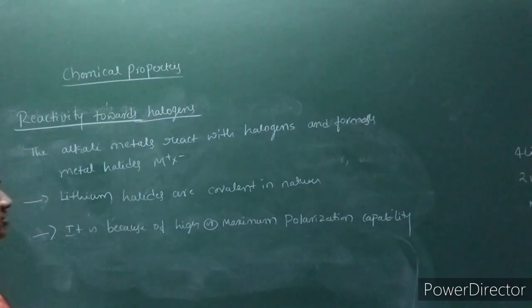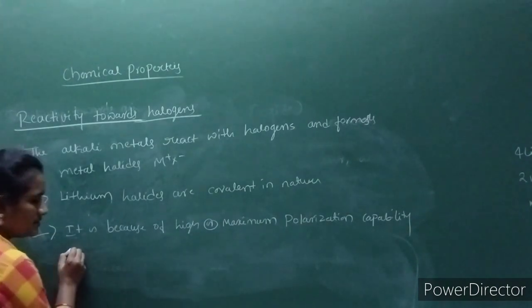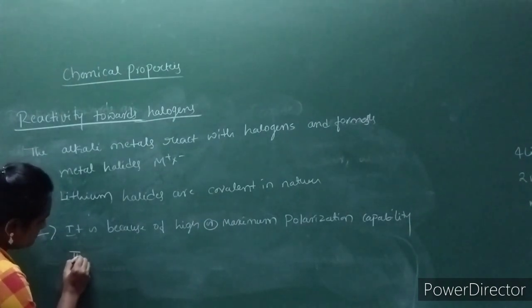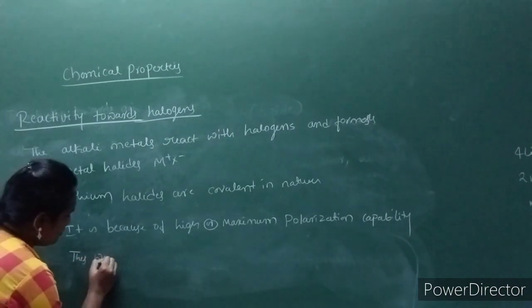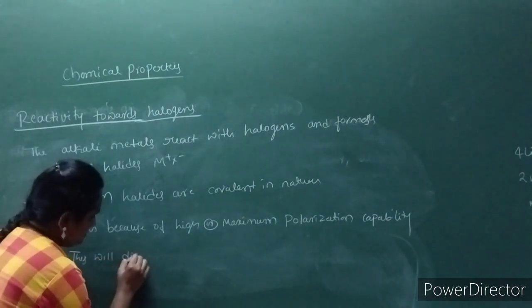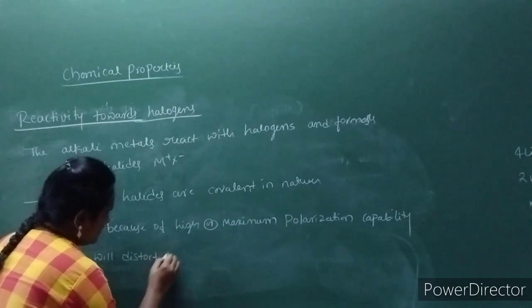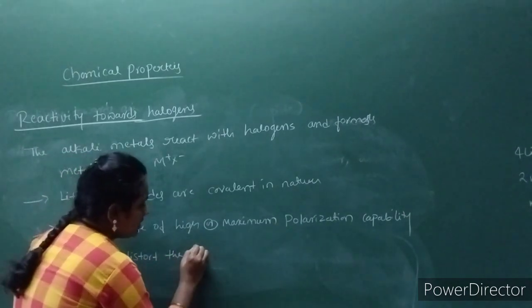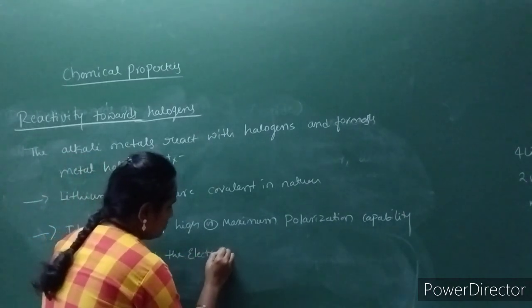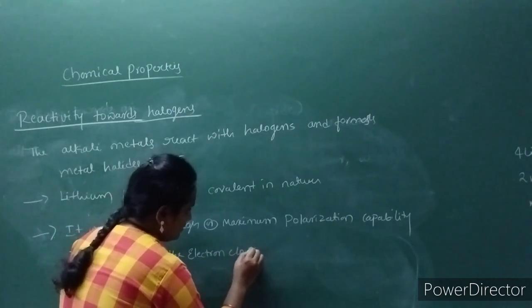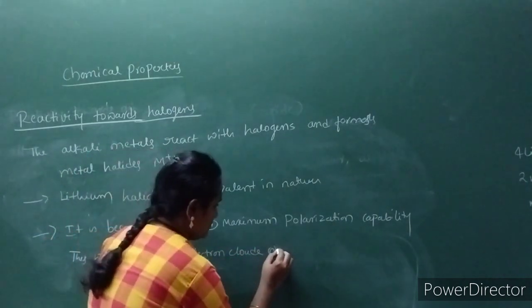Maximum polarization capability. So this will distort the electron cloud over the anion.